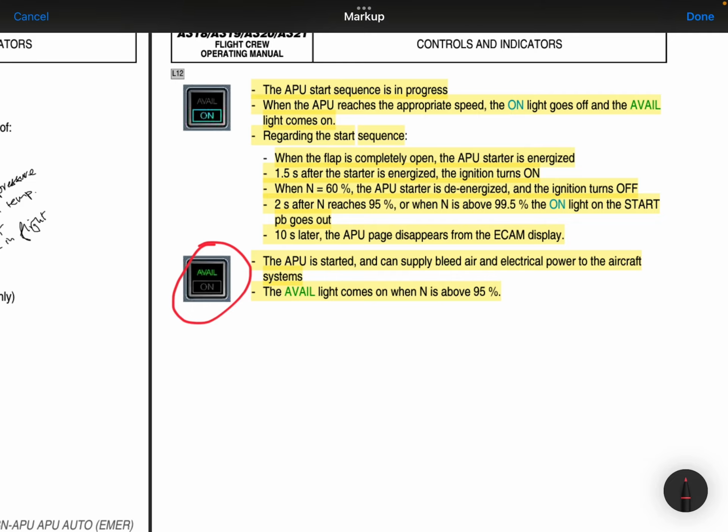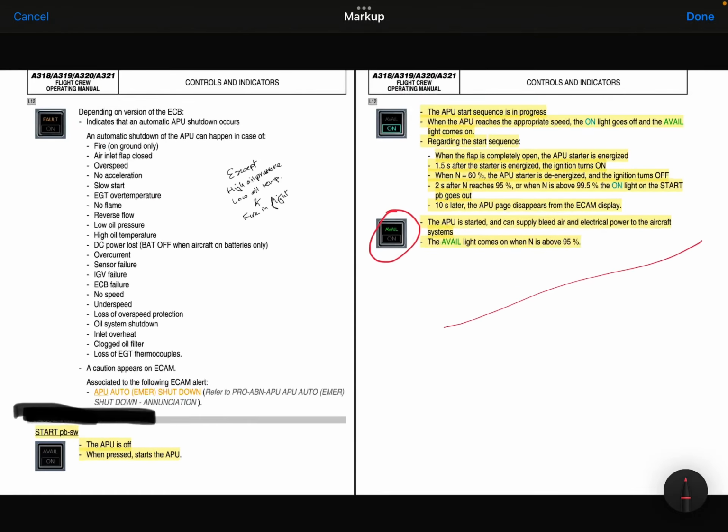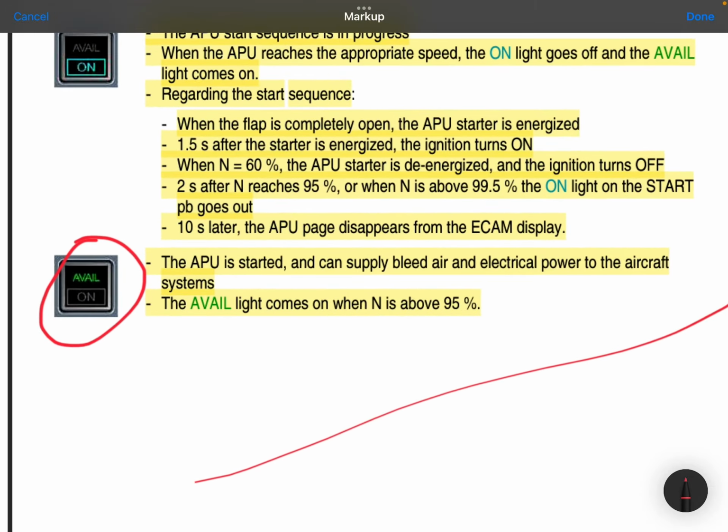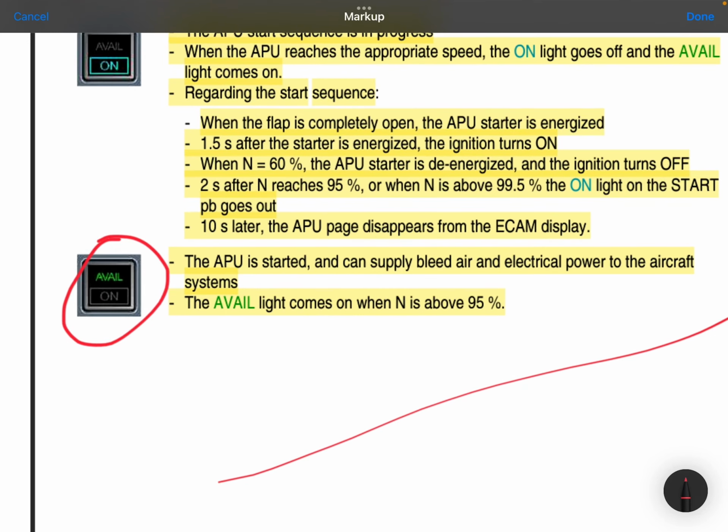If there is an avail light on the start push button, it comes when N is rotating above 95% of its RPM and APU is started and can supply bleed air and electrical power to the system.